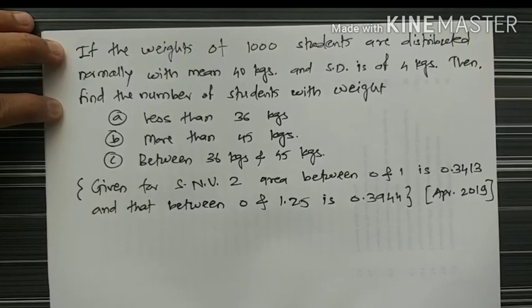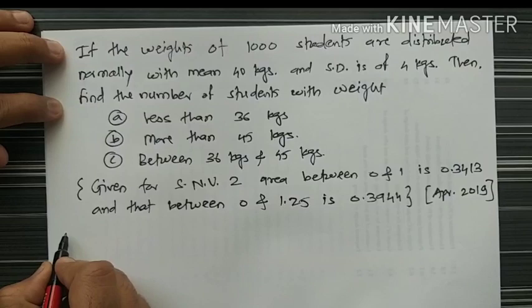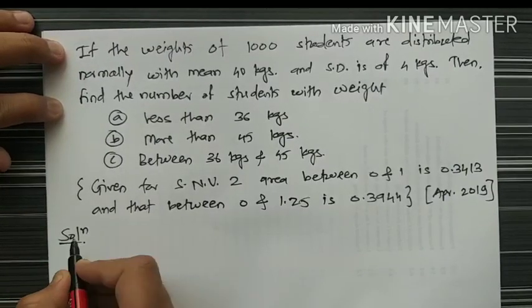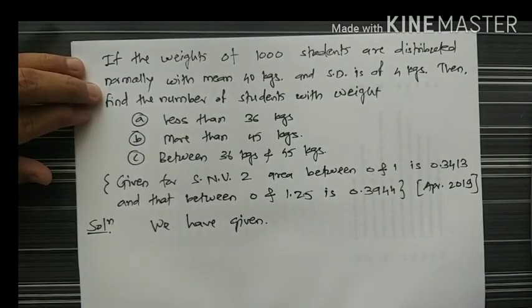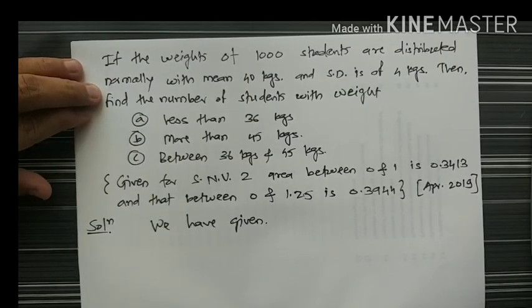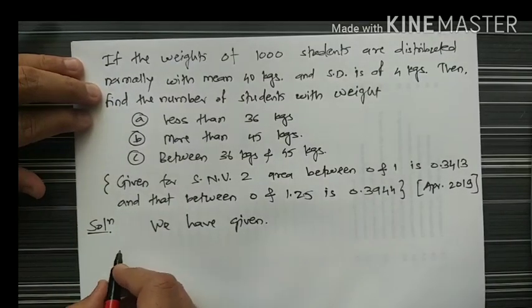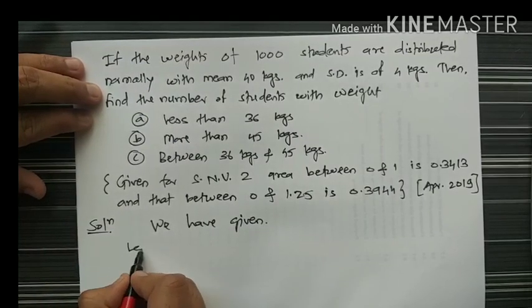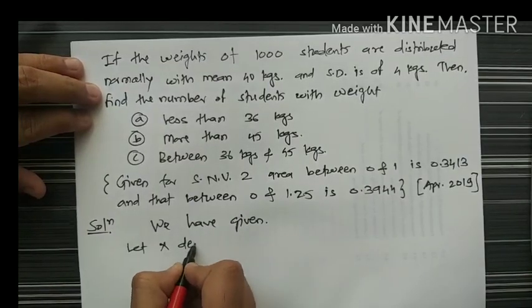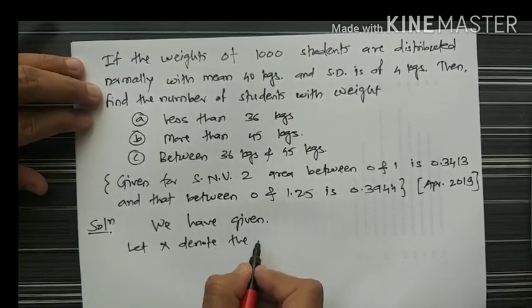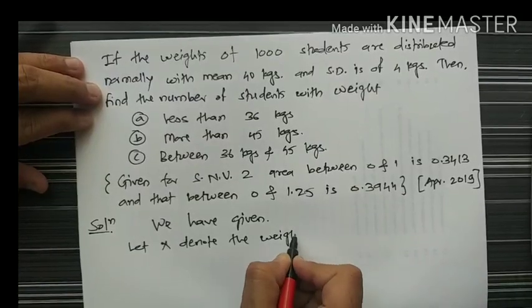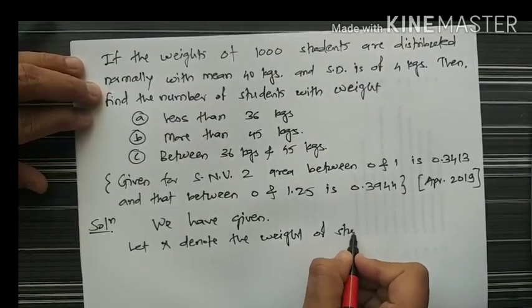To find the number of students in the given options A, B, C, we have to summarize the given information in notational form. First we will write the solution. Here the variable is the weight of students, which is continuous. So let X denote the weight of students.